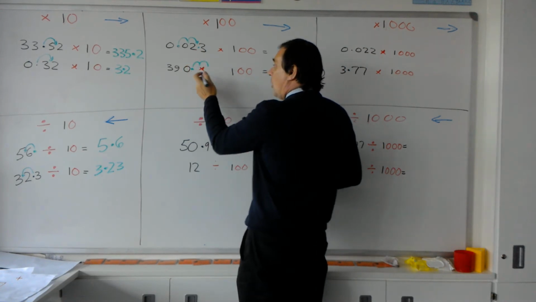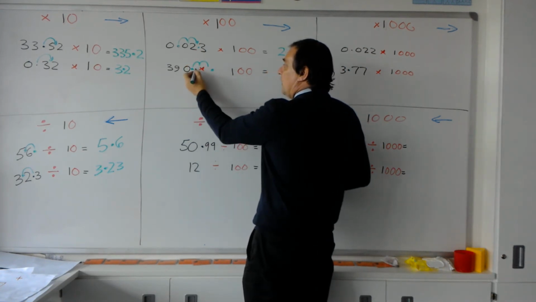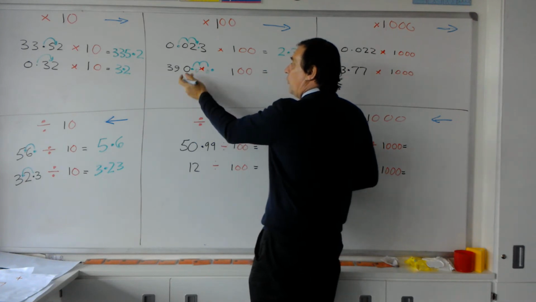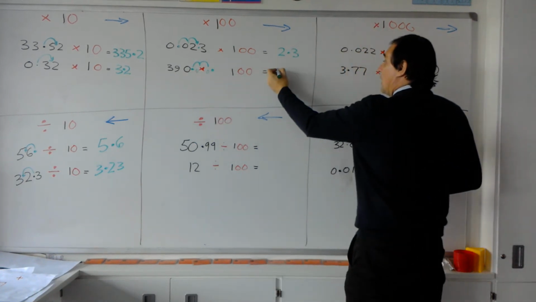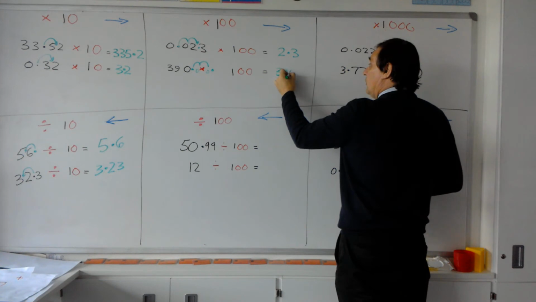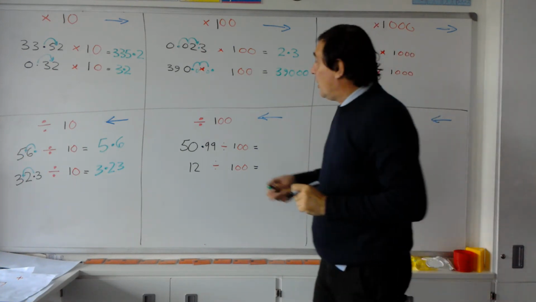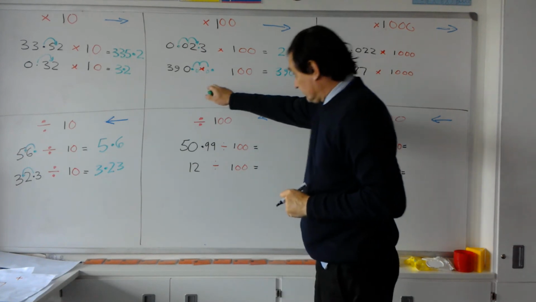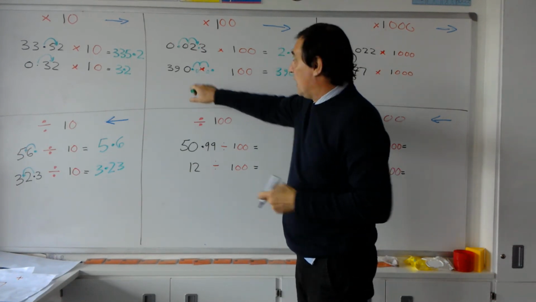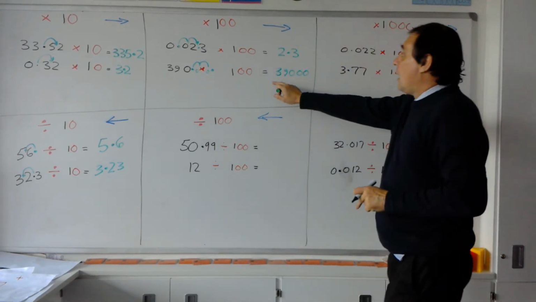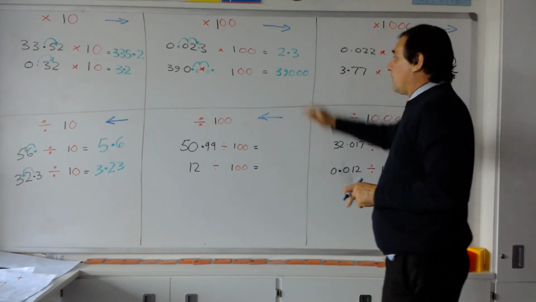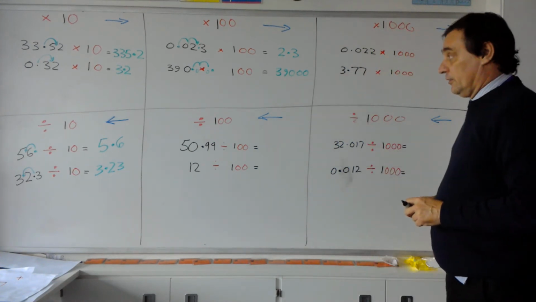So the decimal point will end up there, and we've got to fill that in with 2 noughts. So that's moved 2 to the right, and our answer becomes 39,000.